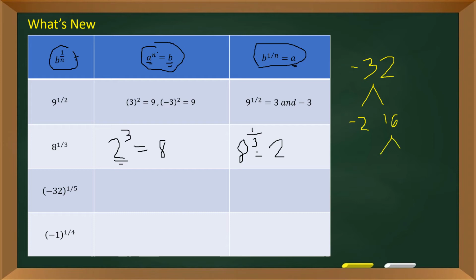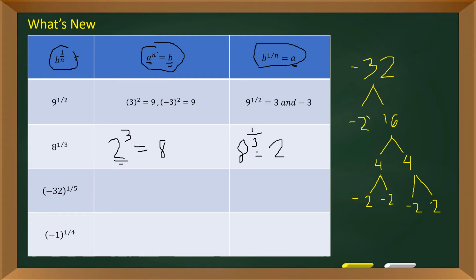But 16 can still be expressed as 4 times 4. And 4 is equivalent to negative 2 times negative 2. Also, the other 4 is also negative 2 times negative 2.